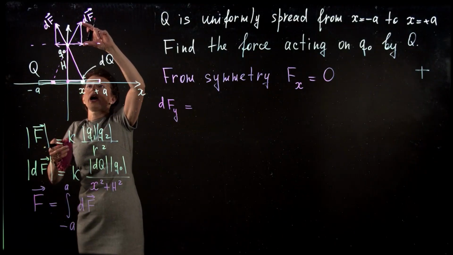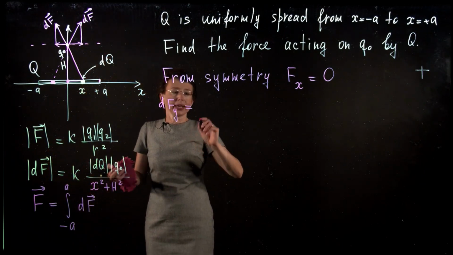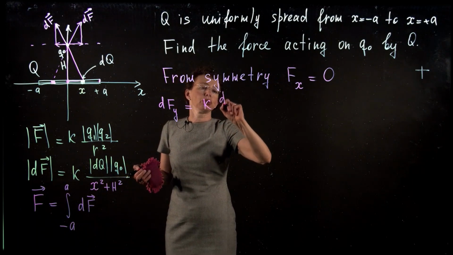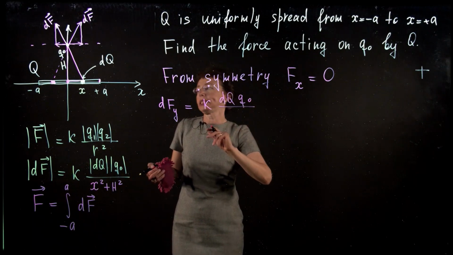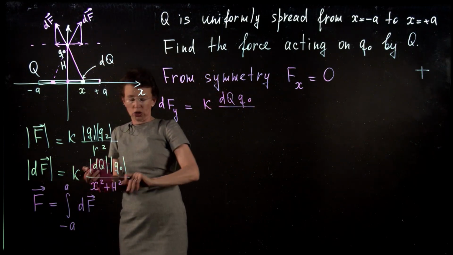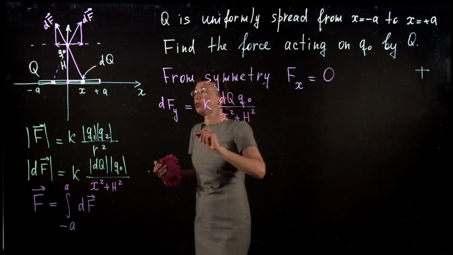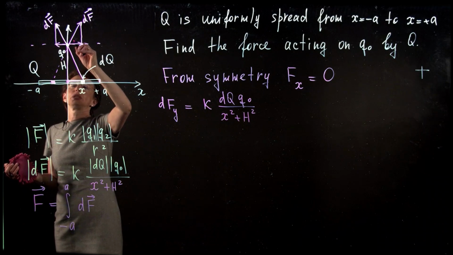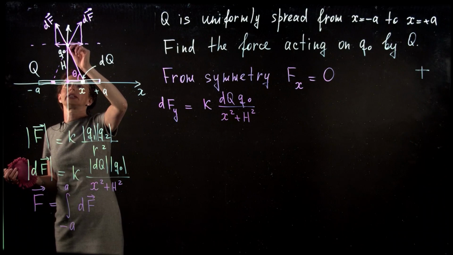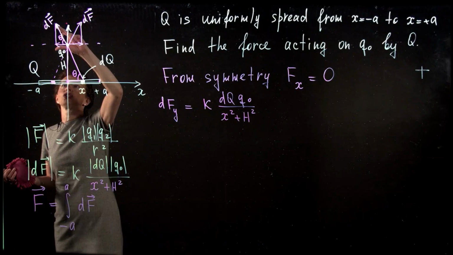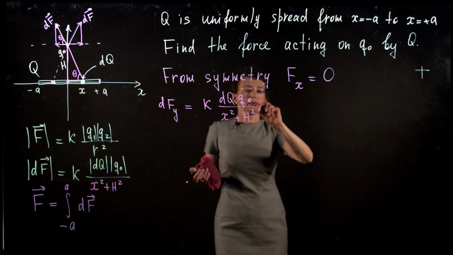So dfy, the y component of my df, will be equal to k dq q naught divided by distance between them squared, which is x squared plus h squared. And to find the y component, I need to multiply by sine of an angle. Let's introduce this angle theta, then I multiply by sine theta.